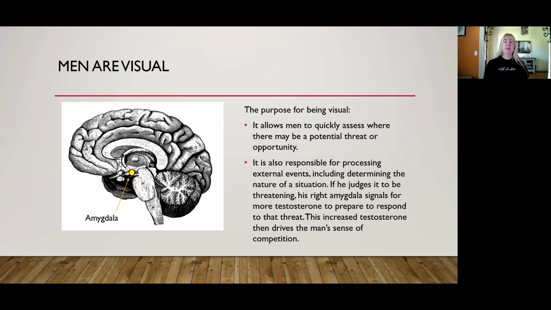Or on the flip side, see an opportunity, take advantage of it in order to provide for his family. So that's the right amygdala. That's the direction that men tend to lean. And it doesn't mean they don't have the opposite side, and it doesn't mean that women don't have this side. Again, it's about strength and frequency of usage.